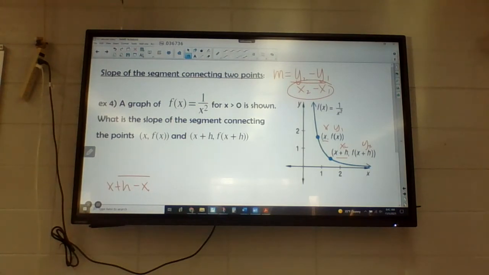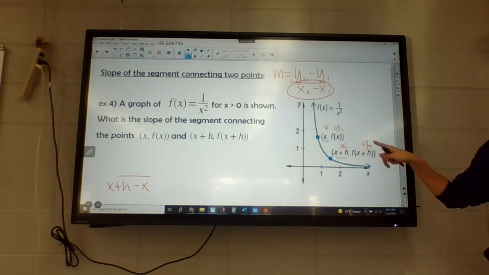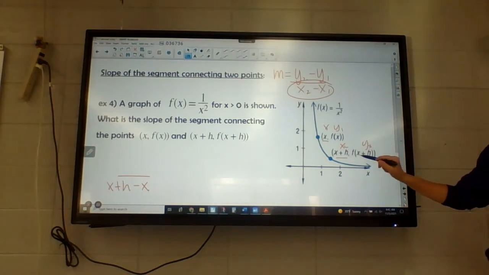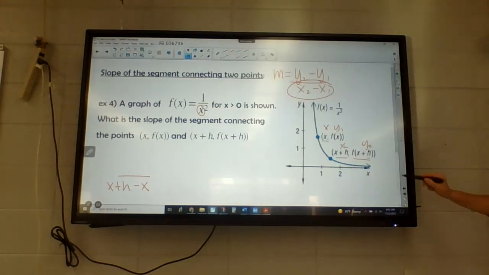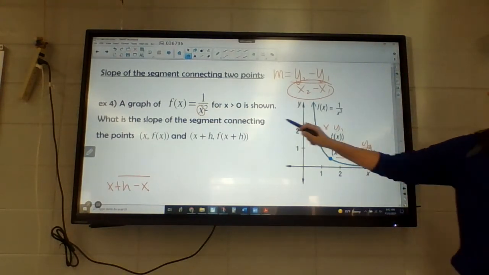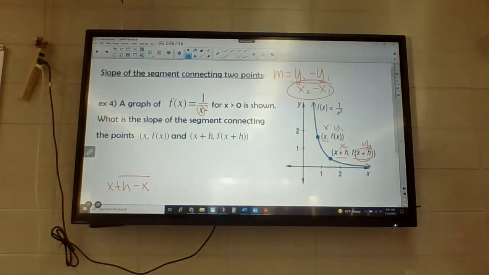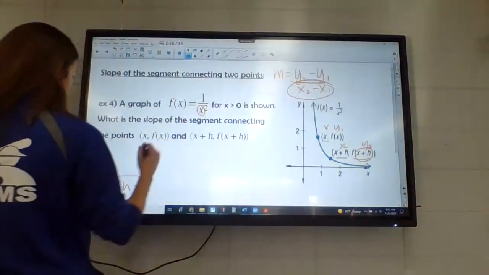All right. So guys, now the y2 minus y1 is a little bit more difficult because it's saying f of x plus h. And that means I'm putting this into this function. So the x plus h is going in for x. So I'm going to write that here. That's my y2.